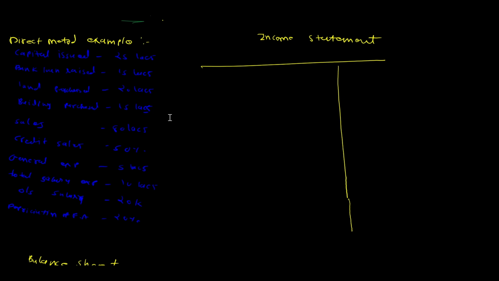Okay, the first transaction is the cash capital. Suppose you are starting a company. To start a company you are going to invest, you are going to put in the capital. So capital issued is 25 lakhs.